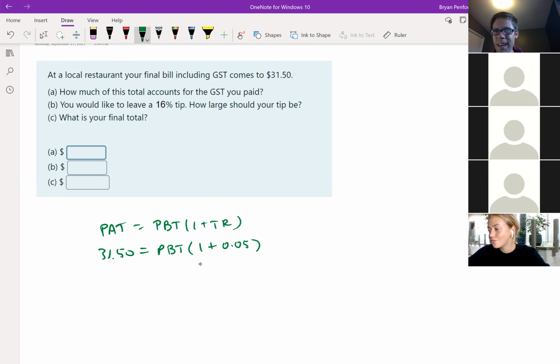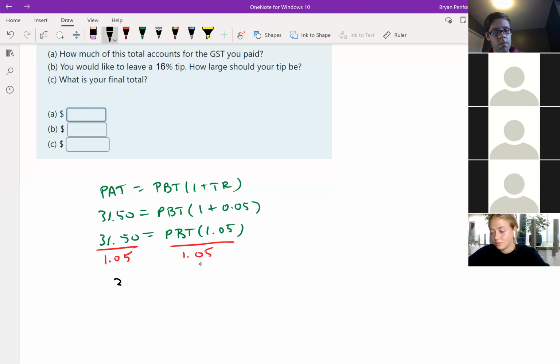So we should be able to calculate the price before tax by dividing by 1.05. Does it come out nicely to 30? If that's true, that's excellent. That's really helpful for us.